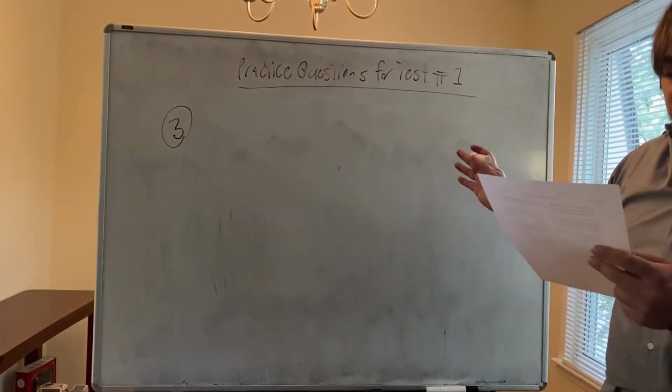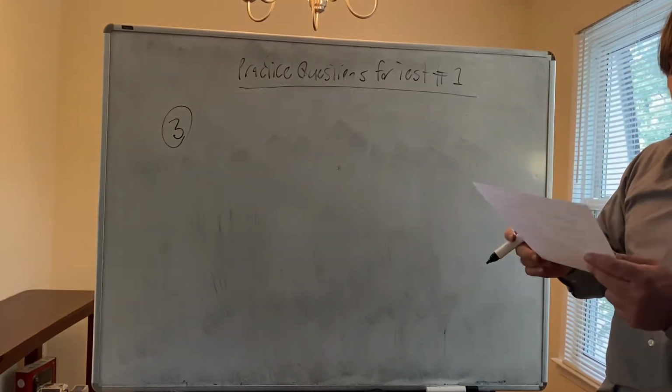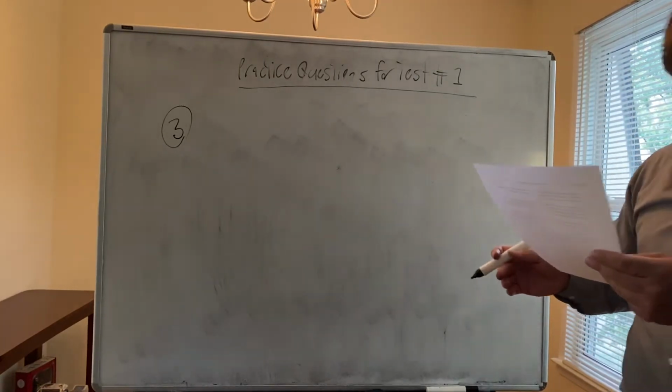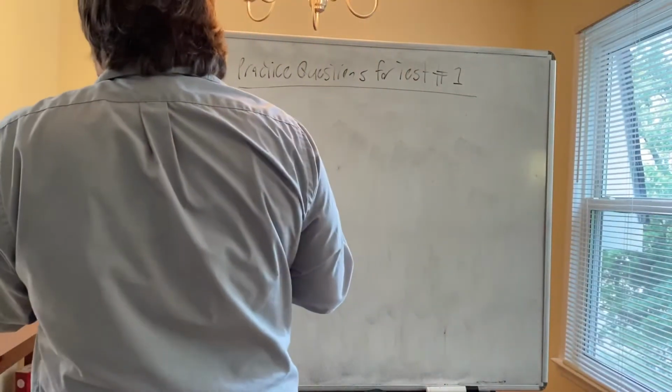Okay, so number 3: in selecting 10 cards at random from a deck of 52 cards, what is the probability of selecting 3 clubs, 2 hearts, 4 spades, and 1 diamond?